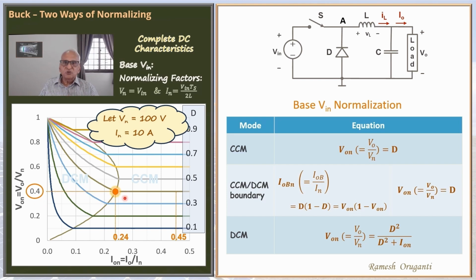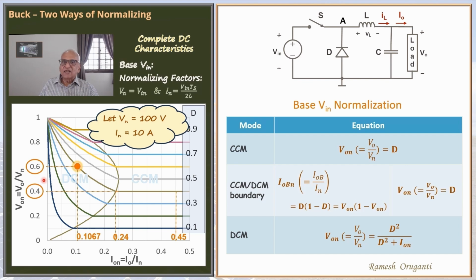As we reduce the load current even more, the operating duty cycle remains at d equal to 0.4. So that means we are on this green curve and the load current is reduced. So ION will be reduced and we reach this operating point. At this operating point, ION is 0.1067 and VON is 0.6.